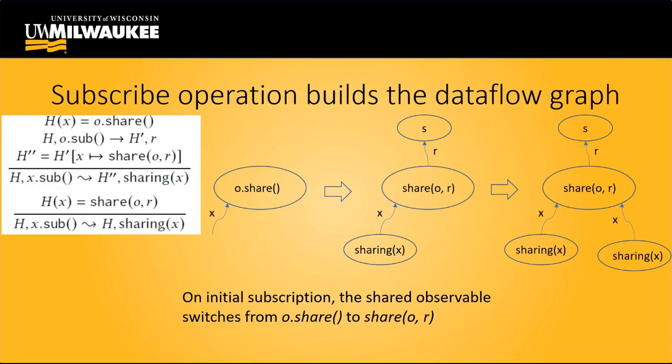That is, when the shared observable is subscribed the first time, its source observable is also subscribed, and its events are broadcast to all the subscribers. Subsequent subscriptions to the shared observable will reuse the subscription to the same source. Other forms of shared observables allow users to explicitly control when the source observable should be subscribed to, which we did not model.